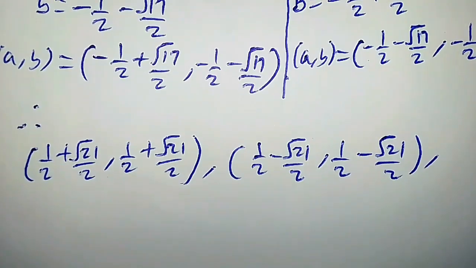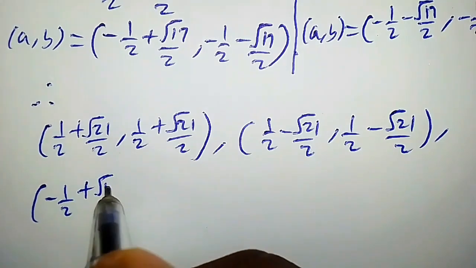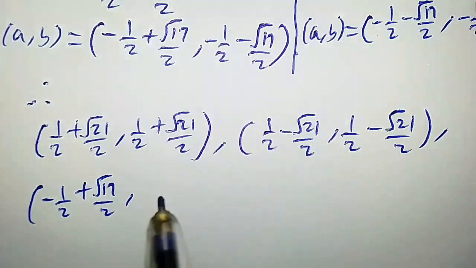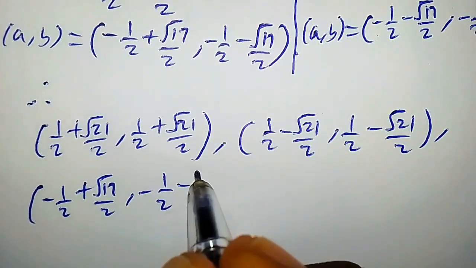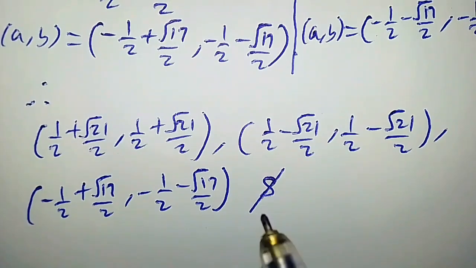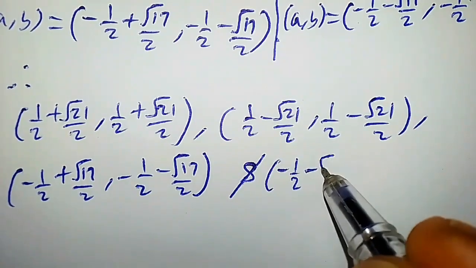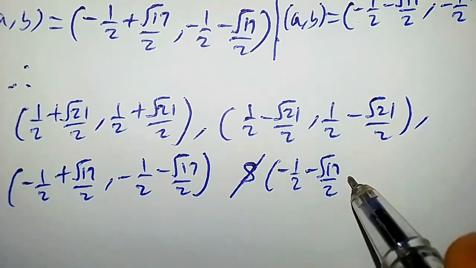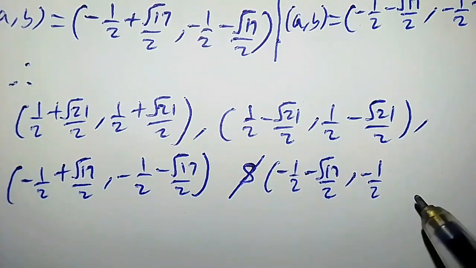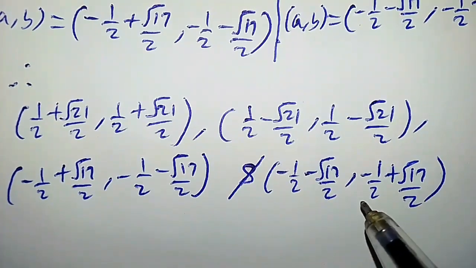The third solution is minus 1 over 2 plus square root of 17 over 2, comma, minus 1 over 2 minus square root of 17 over 2. And the fourth solution is minus 1 over 2 minus square root of 17 over 2, comma, minus 1 over 2 plus square root of 17 over 2.